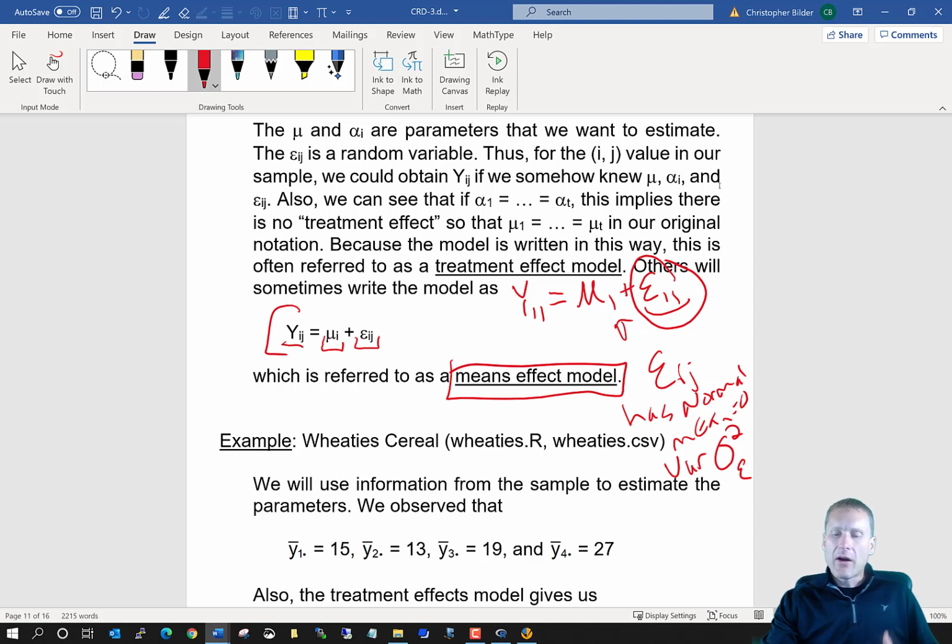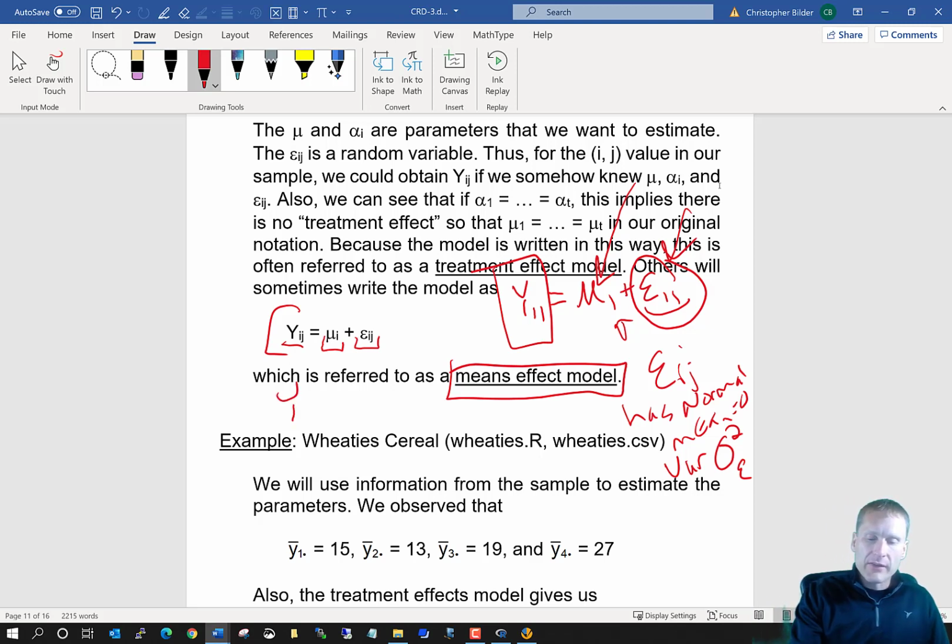So if we somehow could observe what this random error term was, and if somehow we could actually get at this parameter value here for the mean sales, we would have y sub 1, 1 exactly. And we could go on to, let's say, design type 1, store number 2 with that design type, and we could write it out again like this.